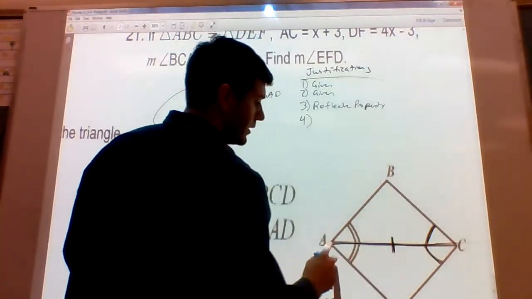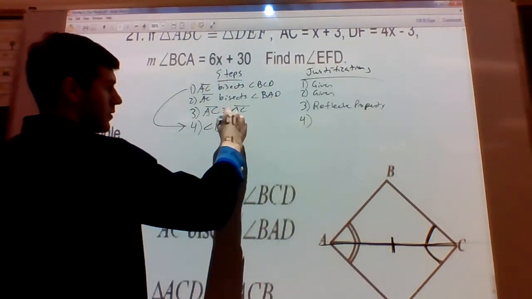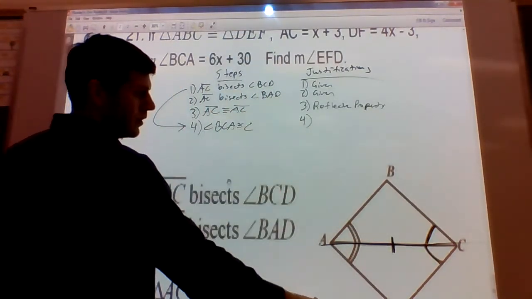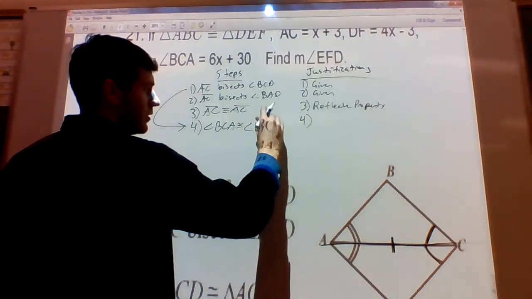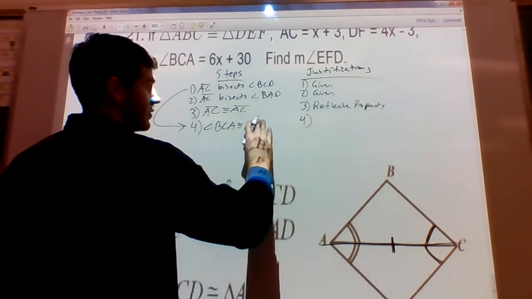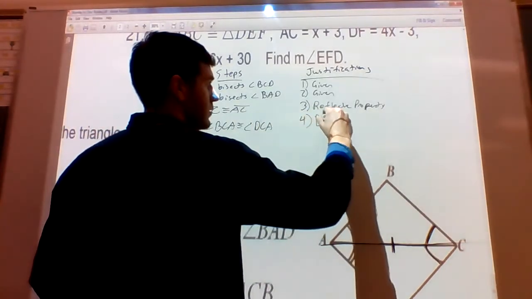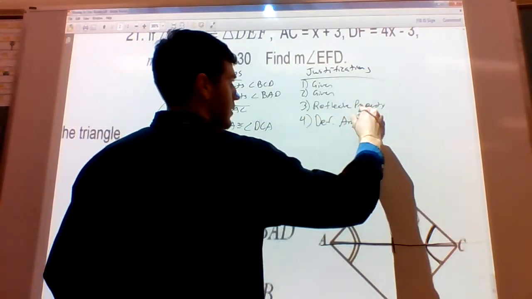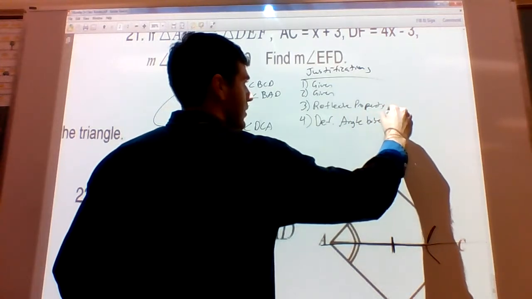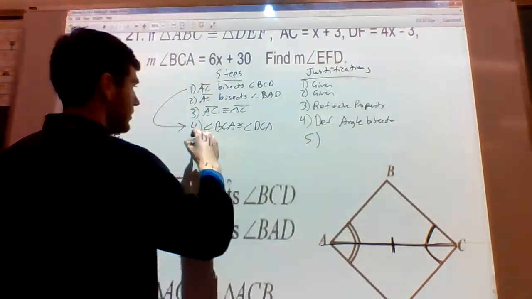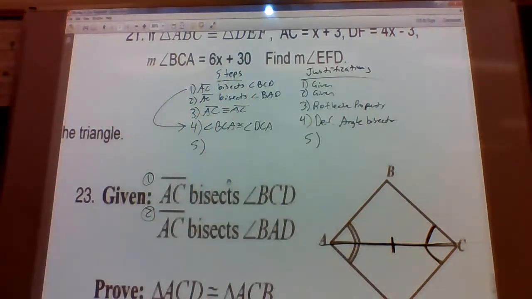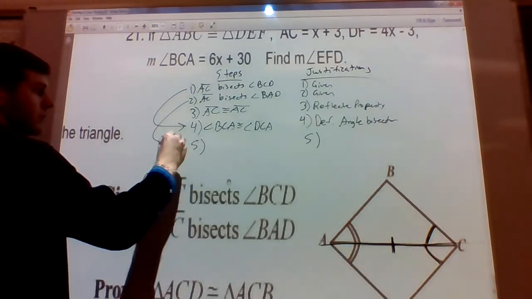So now angle BCA is going to be congruent to angle DCA. That is the definition of an angle bisector. So that's our first given we've used.